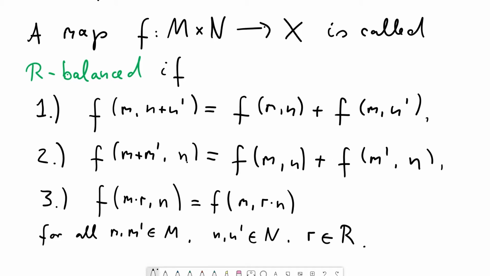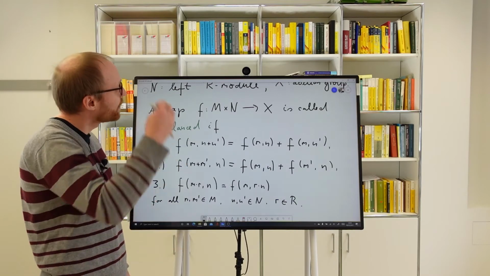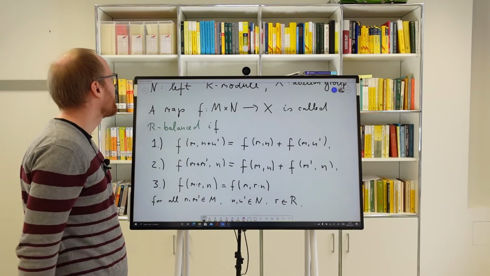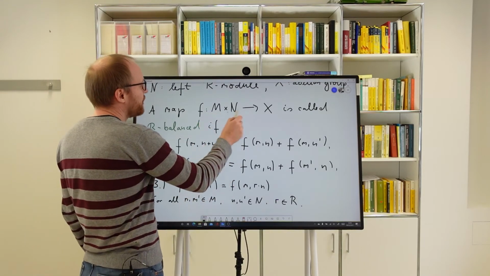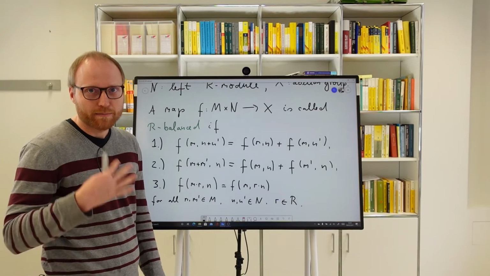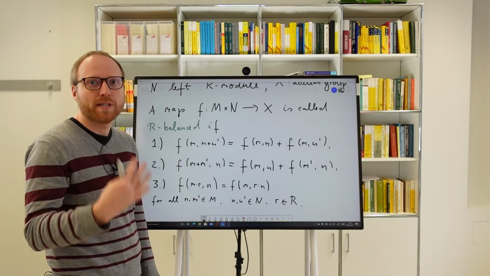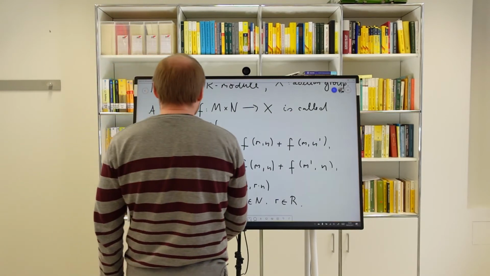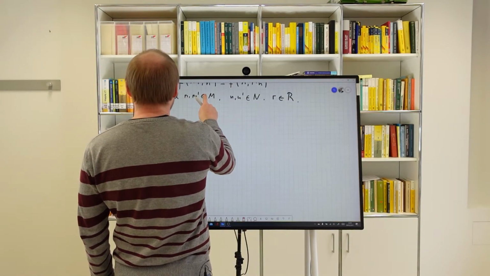Okay, and now the definition of tensor product of those two modules, the right R module M and the left R module N, should be thought of as the most general way of constructing such an R-balanced map. And most general means in the sense that every other such R-balanced map actually will factorize over this most general R-balanced map. So this is captured by the following definition.